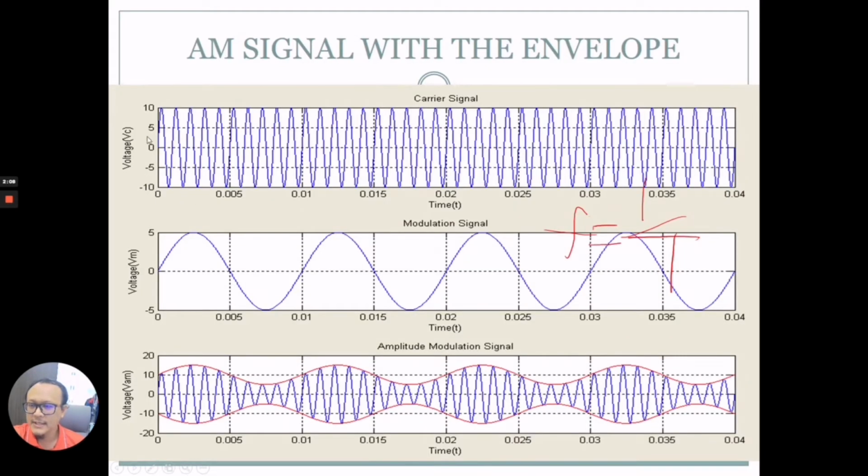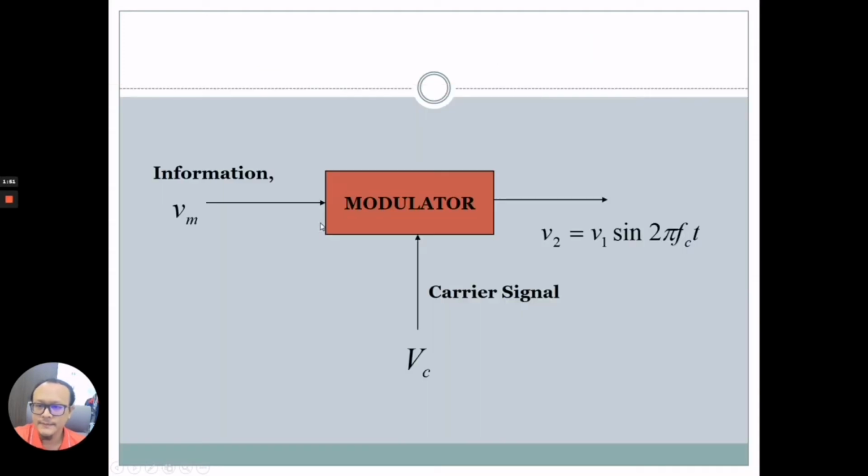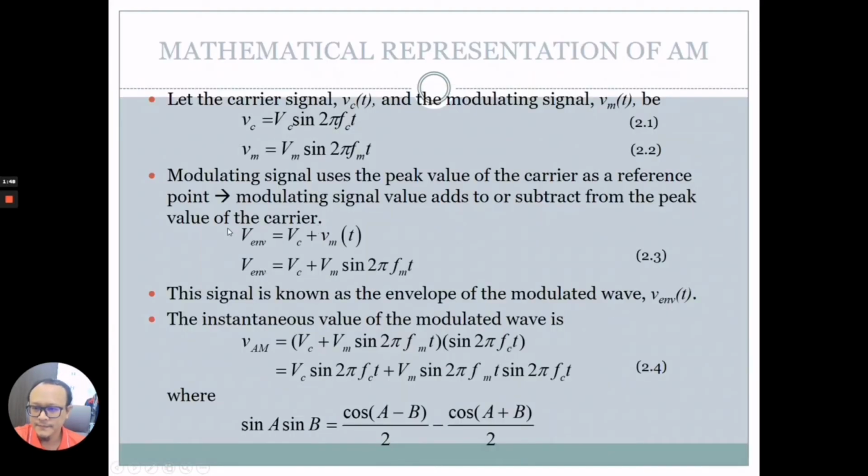From this graph, we know that VC for the carrier signal is 10 volts and VM for the modulating signal is 5 volts. The modulating signal uses the peak value of the carrier as a reference point. The modulating signal value adds to or subtracts from the peak value of the carrier.